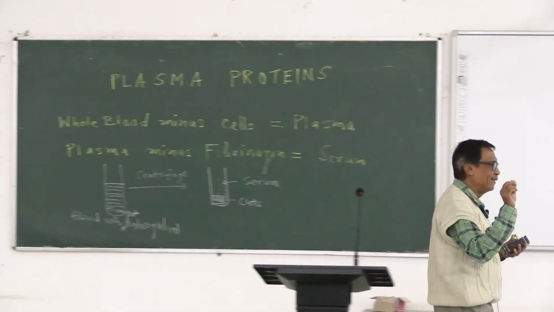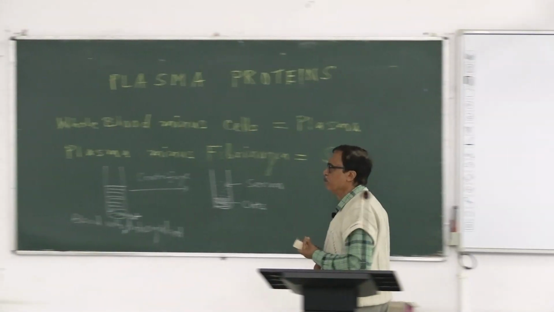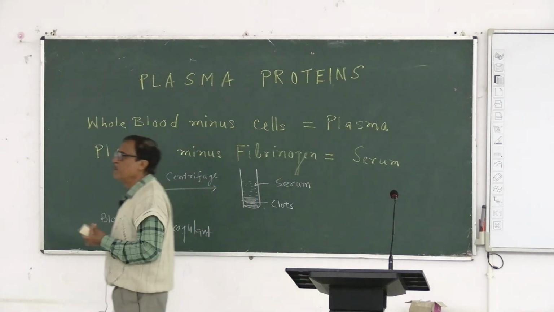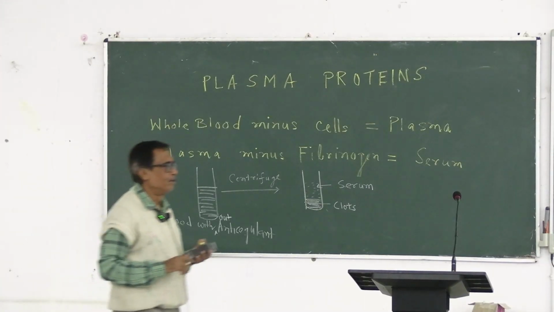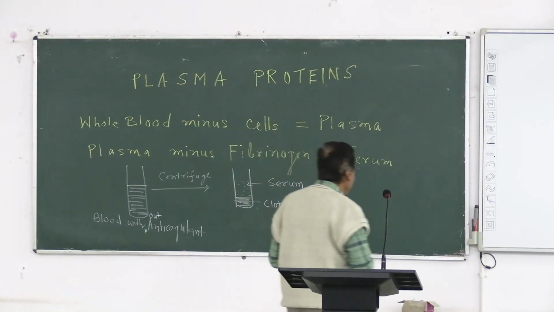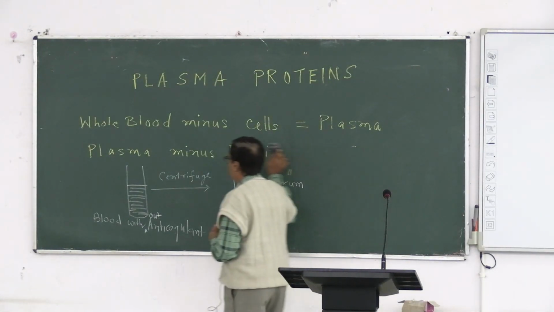Plasma is somewhat reddish, but serum is crystal clear. So how does serum differ from plasma? I think you understood. This is a very basic thing: whole blood, plasma, serum.